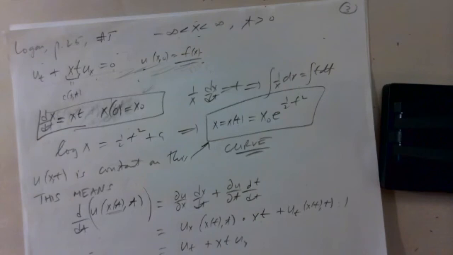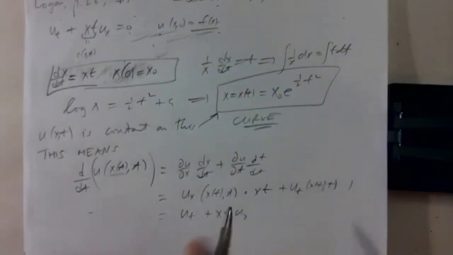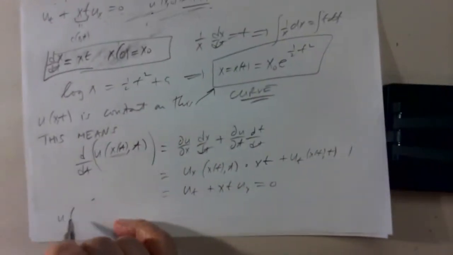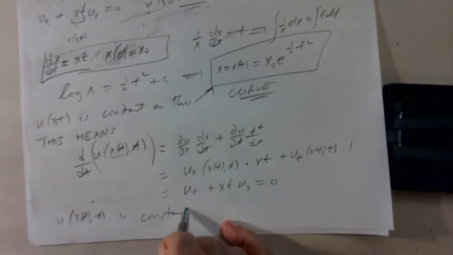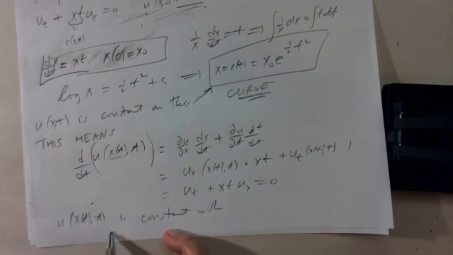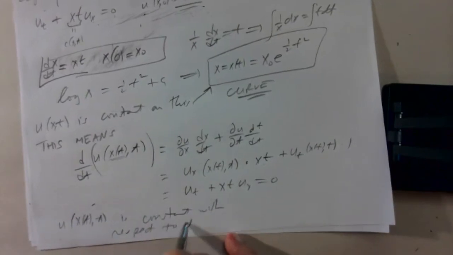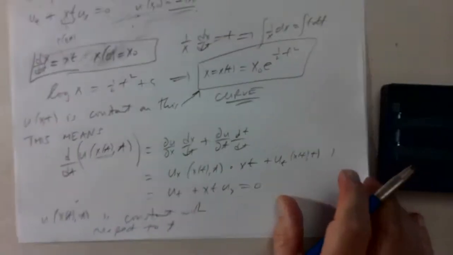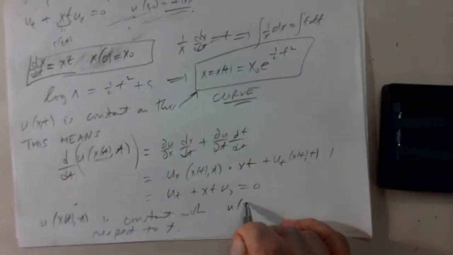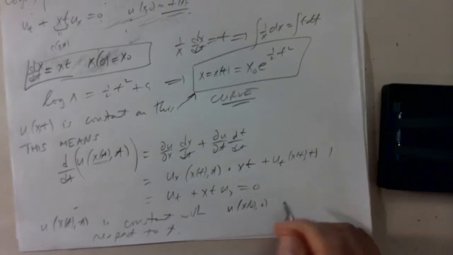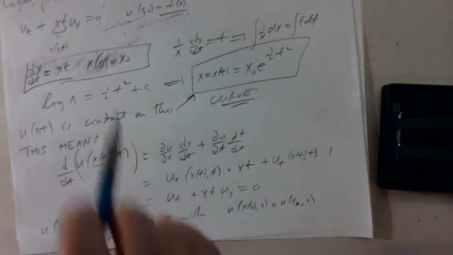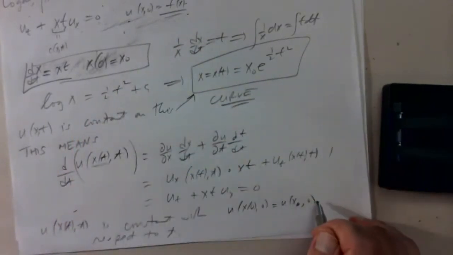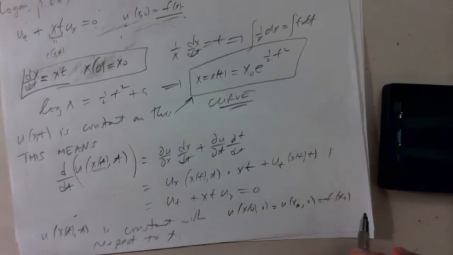If u is a solution of the differential equation, this is 0. So what this means is that u of x of t comma t is constant with respect to t. u of x of 0 comma 0, that's u of x0 comma 0, well, my initial condition is f, this is f of x0.